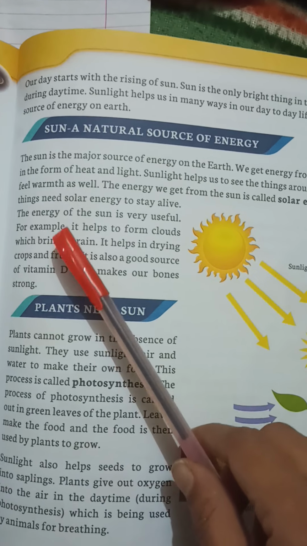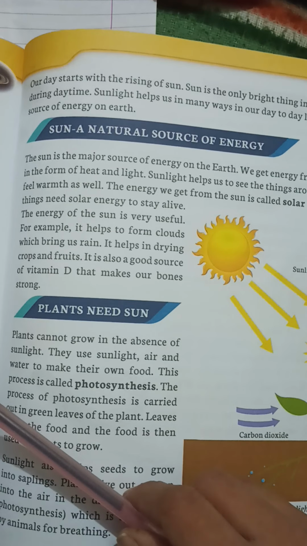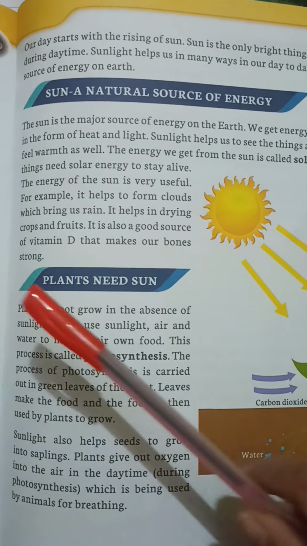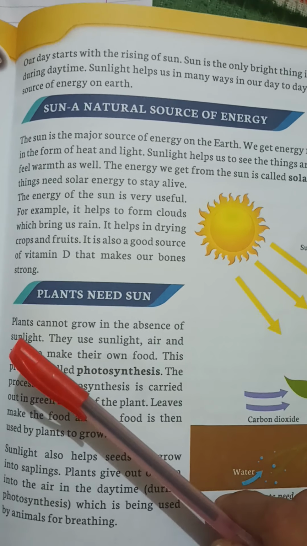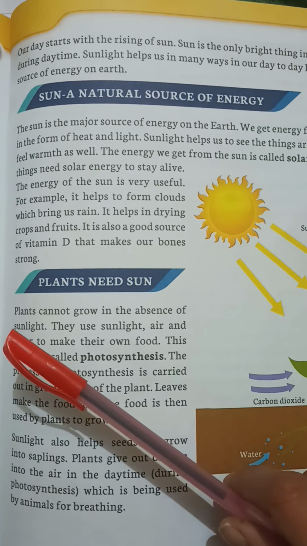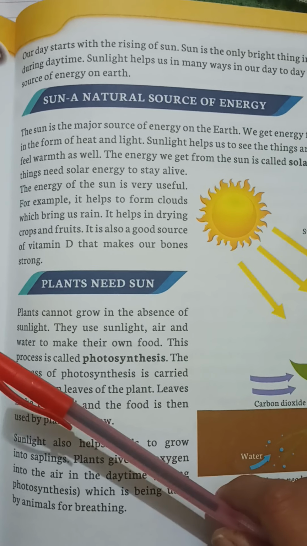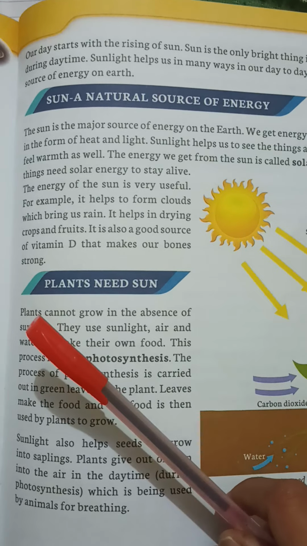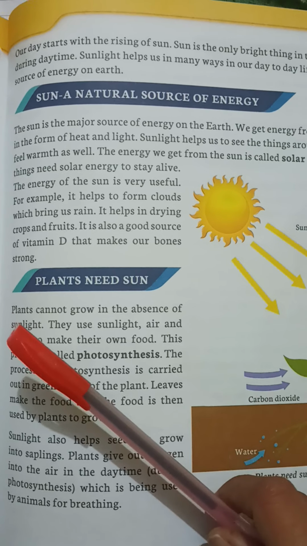All living things need solar energy to stay alive. If we go and try to survive on the North and South Pole, we cannot, because the adaptation is totally different.